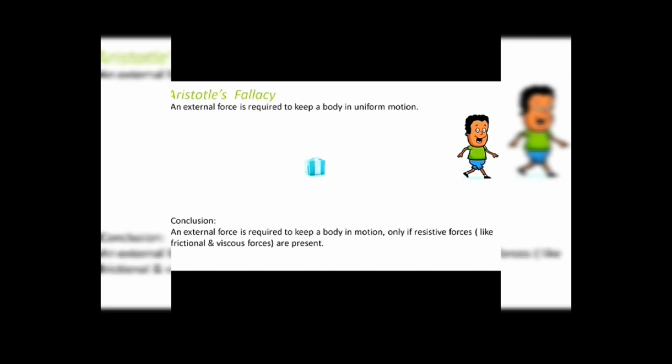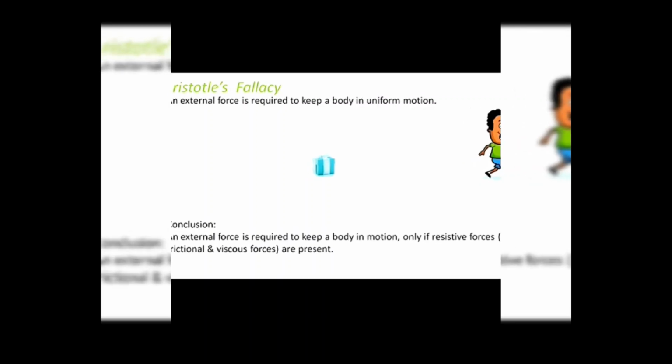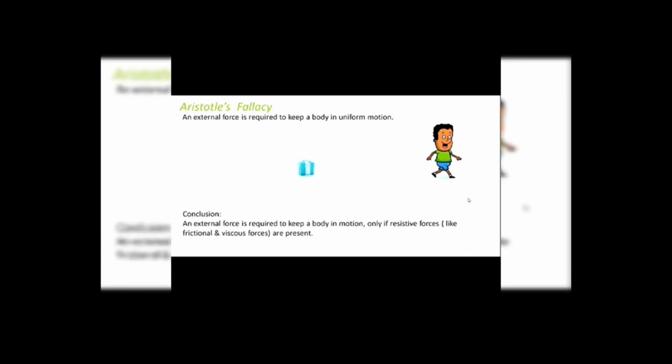So in this case, the same thing is happening. In the beginning, an external force is being applied. This external force is winning over the frictional force, and that is why the body is able to move. But as soon as the external force is removed, the frictional force dominates and the body stops.